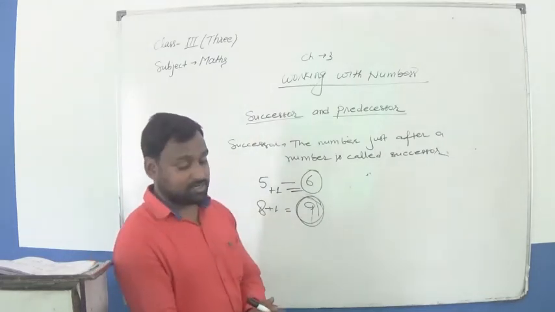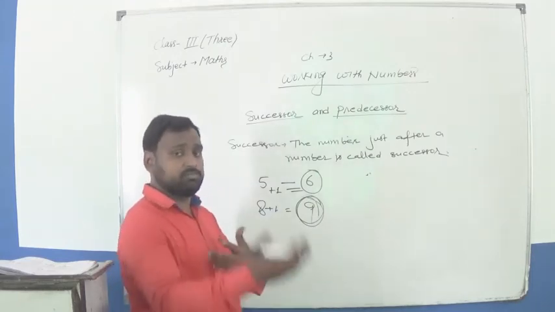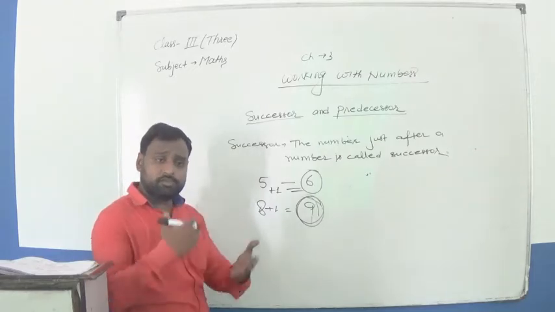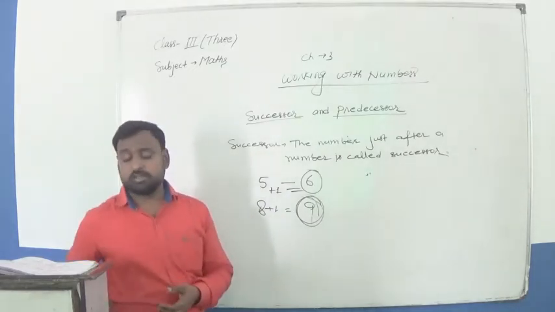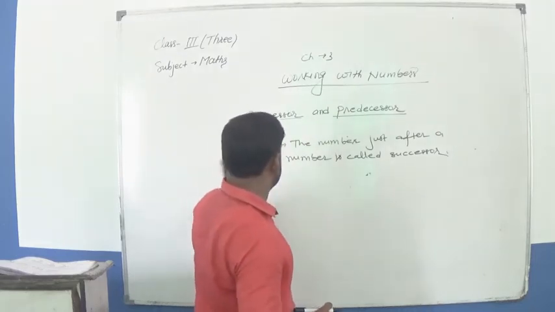The number just after a number is called its successor, and just its reverse is predecessor. The number just before a number, not after, before, is called predecessor.